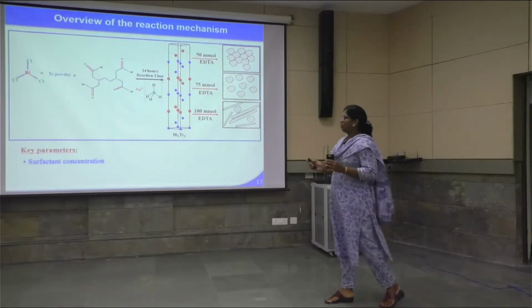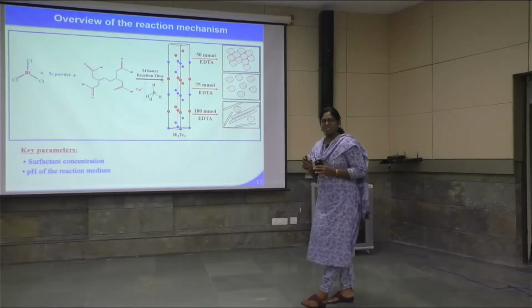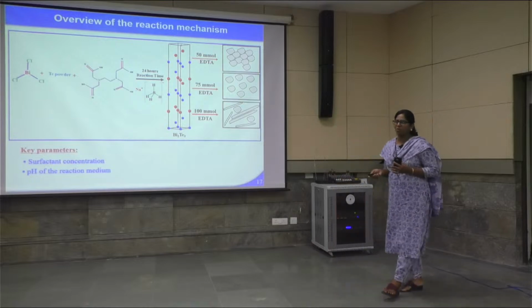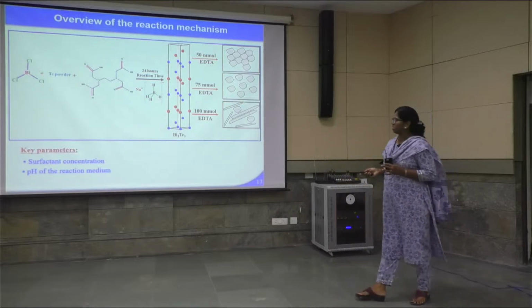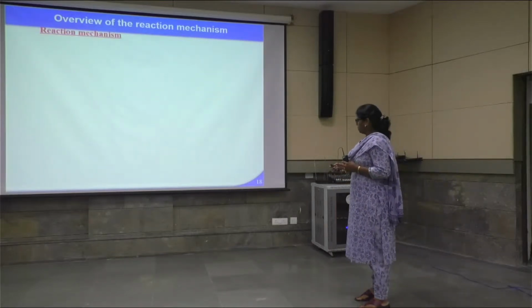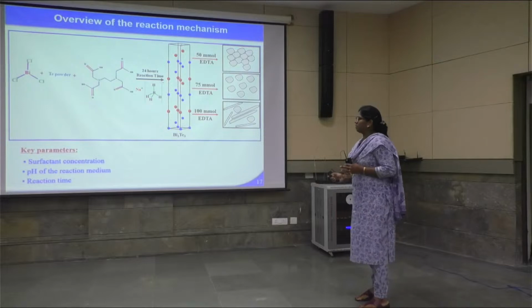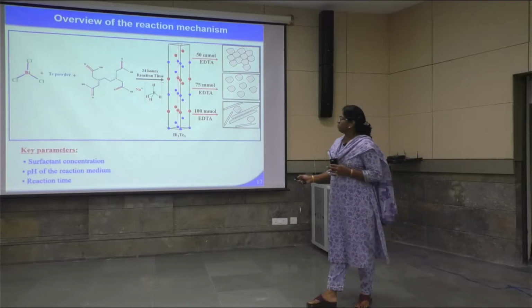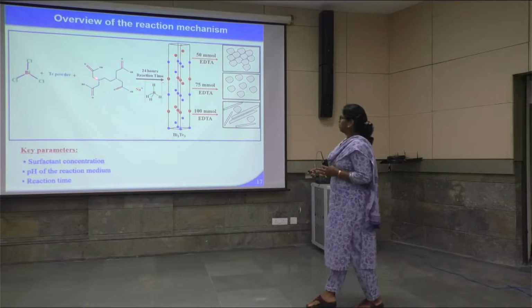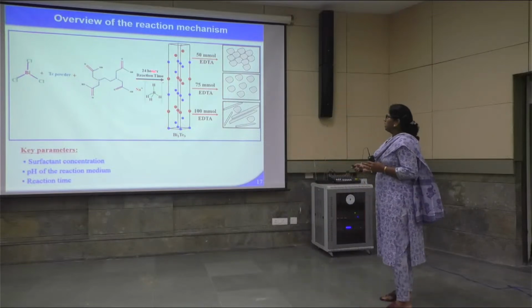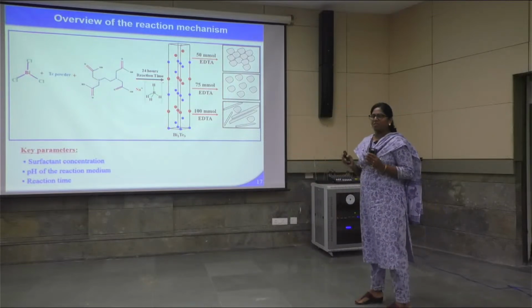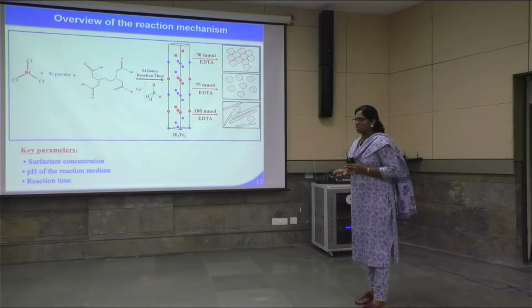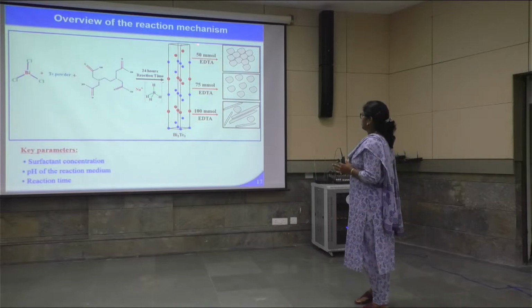So now, an overview of the mechanism. Up to now I have explained the results, but what made these materials get into these parameters? The parameters we have used are surfactant concentration and reaction time. So the bismuth powder plus tellurium powder, this is the EDTA, and we have only taken a 24-hour reaction time, with the concentration as we have explained here.